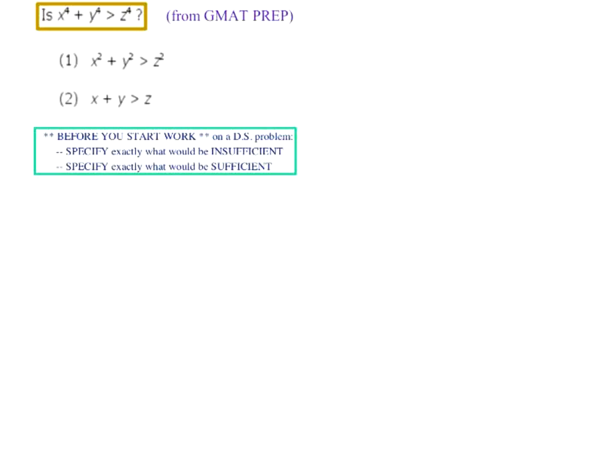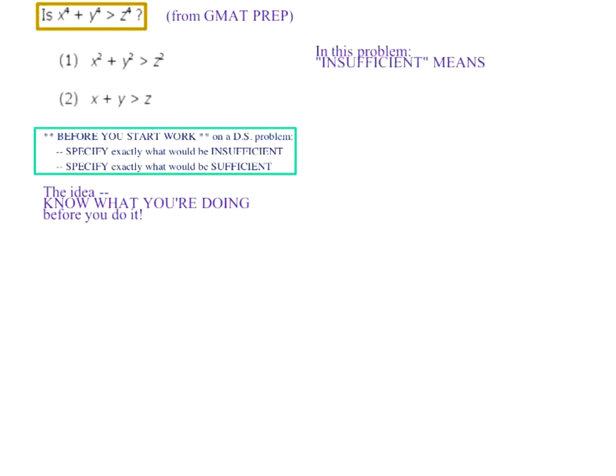As simple as that sounds, the basic idea here is know what you're doing before you do it. So let's talk about that. What does insufficient mean in this problem? Chat box, please. What does that mean?